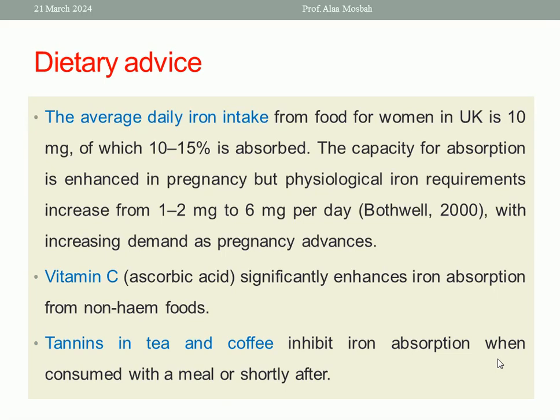What are the items, nutrition or vitamins that decrease or increase the absorption of iron? It was found that vitamin C significantly enhances iron absorption from non-heme foods.